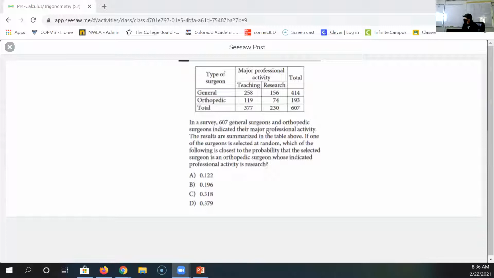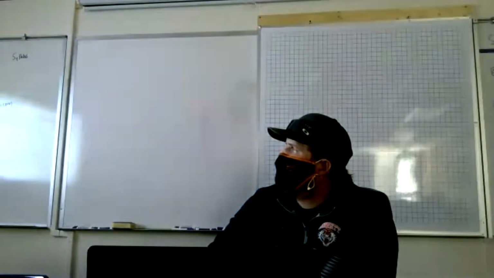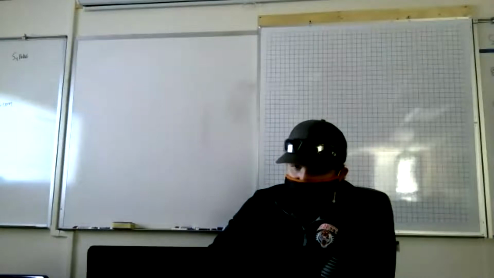Not necessarily a difficult question, it just makes you study a table and understand what it's saying, especially with the total column, which is the total of each row. Then you want to focus on the specific individual. So 74 out of 607 gives you 0.122, which corresponds to the answer.